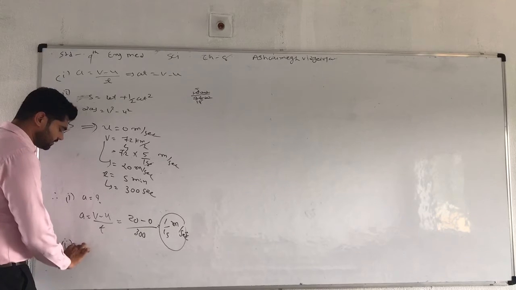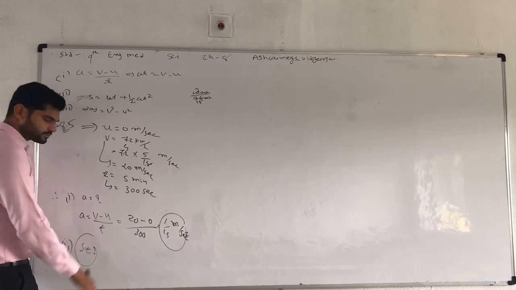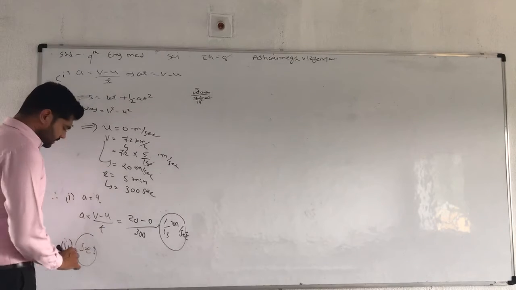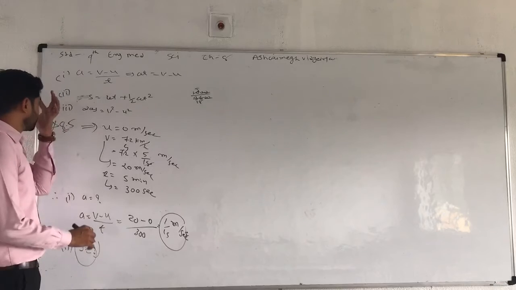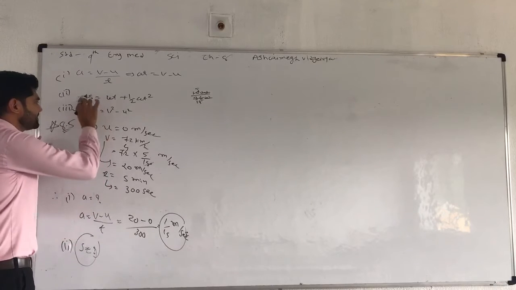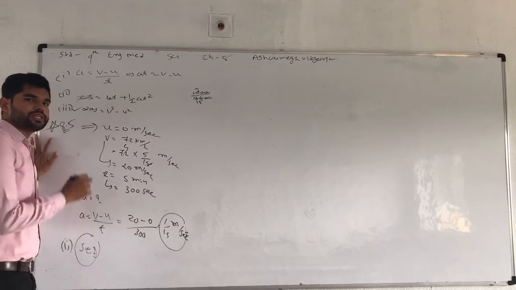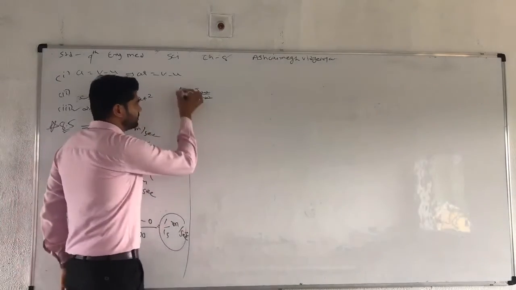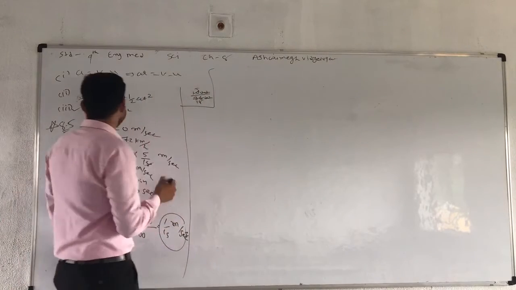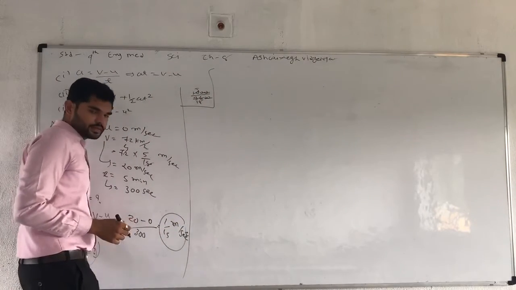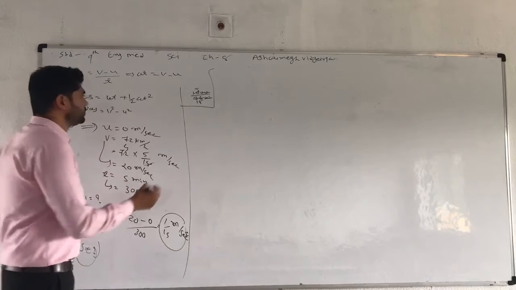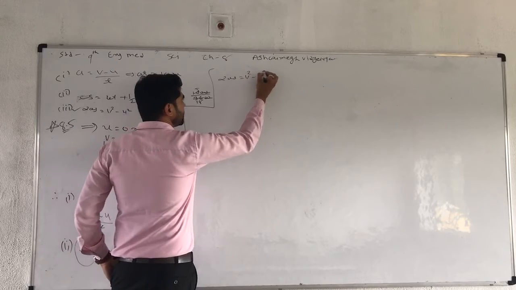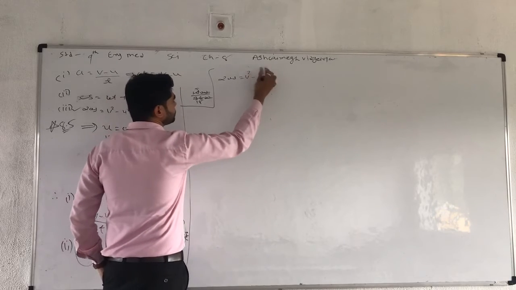Now solve the second question. How much distance is covered by the train? So the value of s. Using the second equation or the third equation, you can use any equation and get the answer from both. Now we use the third equation, 2as is equal to v square minus u square.